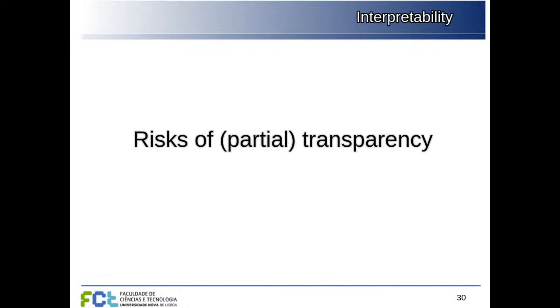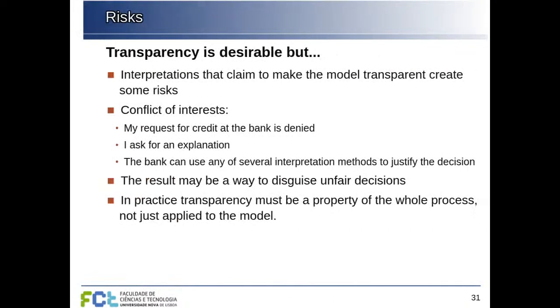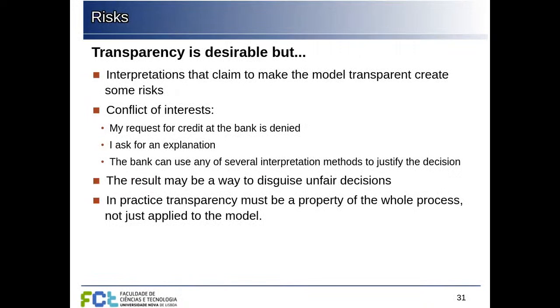Okay, so just a note of caution at the end. We talked a lot about the advantages of having transparency, interpretation, and all of these. But there is also a risk, because as you can see, given a complex model like a deep neural network, there are many different ways of trying to interpret what the model is doing. And this gives rise to risks whenever there are conflicts of interest.